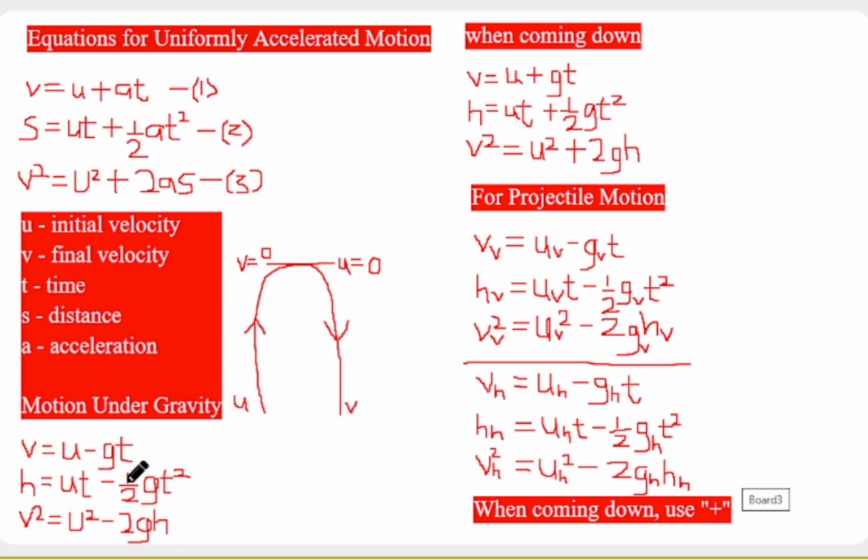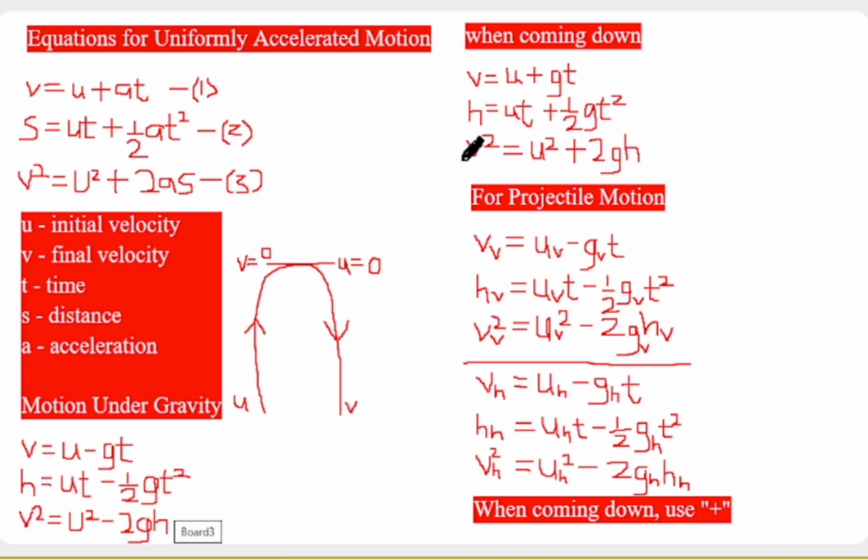And the third equation is v squared is equal to u squared minus 2gh, where we have changed a to be g for motion under gravity, and we have also changed s to be h. So instead of our normal distance, a height is now covered, and that height is what we have represented with h.